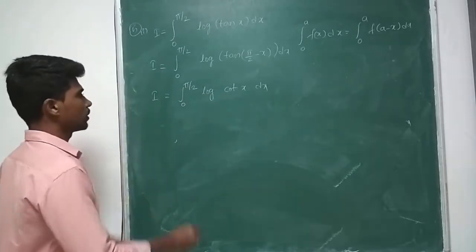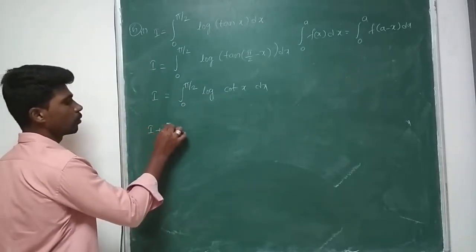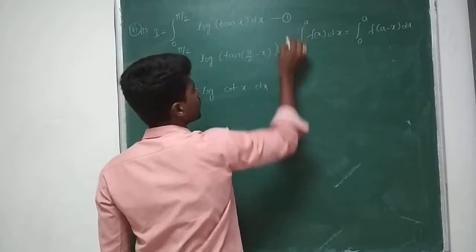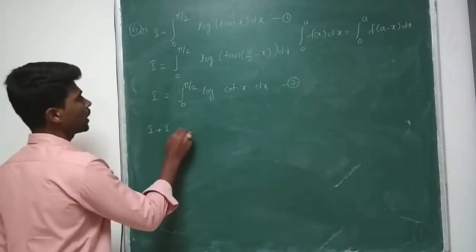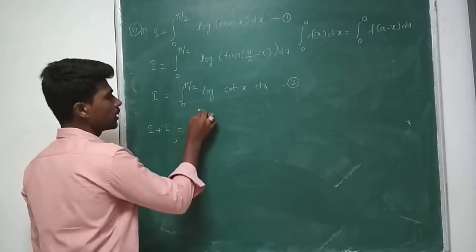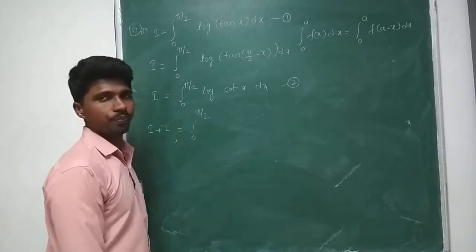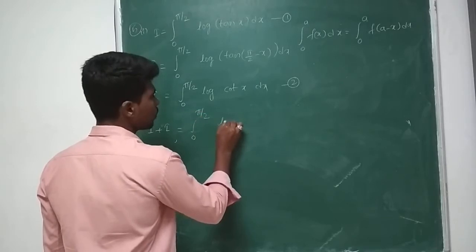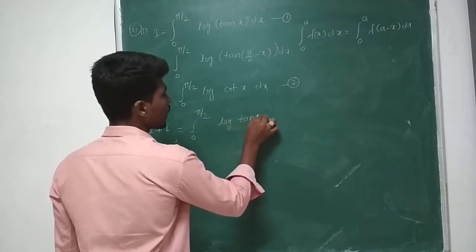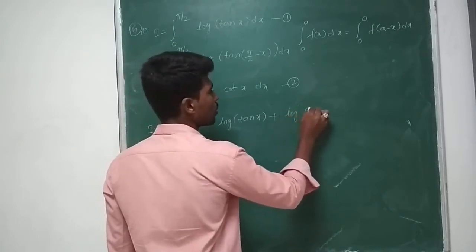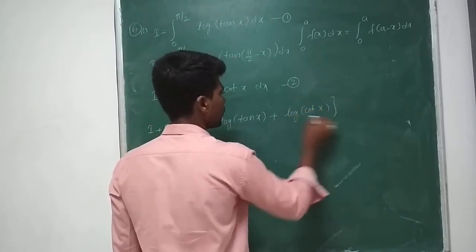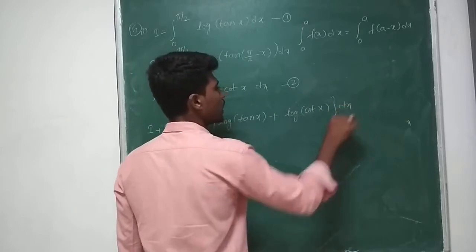Consider this as equation 1 and this as equation 2. If I add both, equation 1 plus 2, I plus I is equal to integral 0 to pi by 2 log tan x plus log cot x dx.